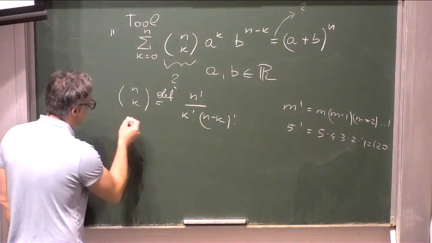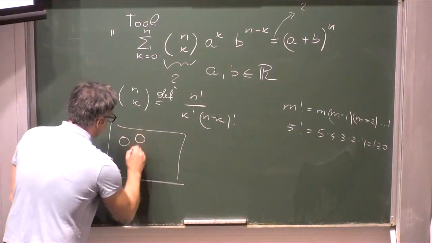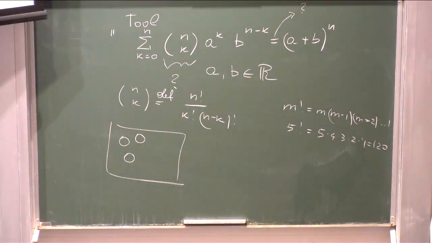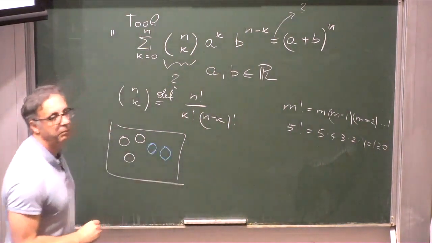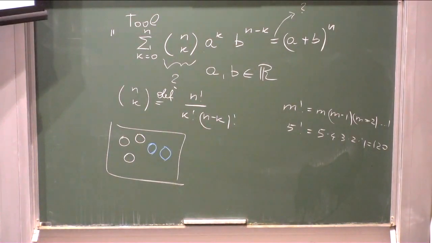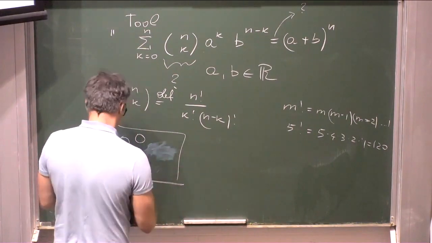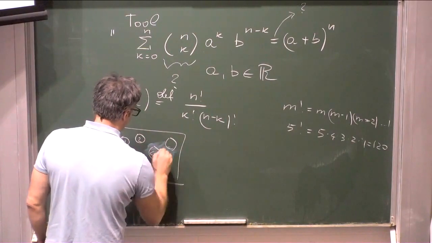Why is it used? Why is it important? Suppose that you have 5 objects, numbered 1, 2, 3, 4, 5.